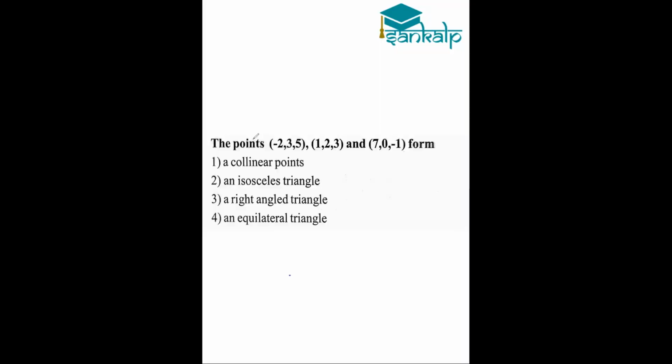The next question: the points minus 2, 3, 5, 1, 2, 3, 7, 0, minus 1 form collinear points, an isosceles triangle, a right angle triangle, or an equilateral triangle.